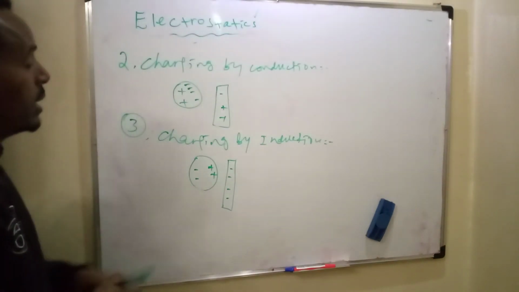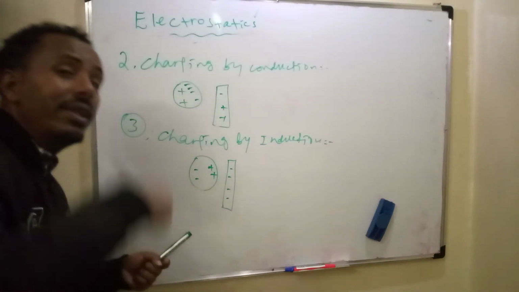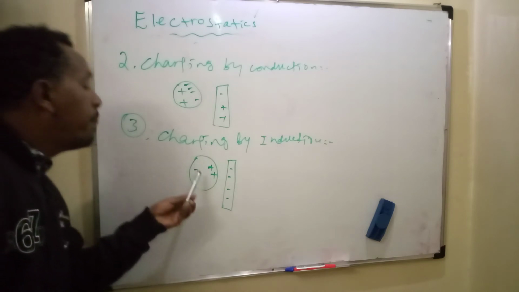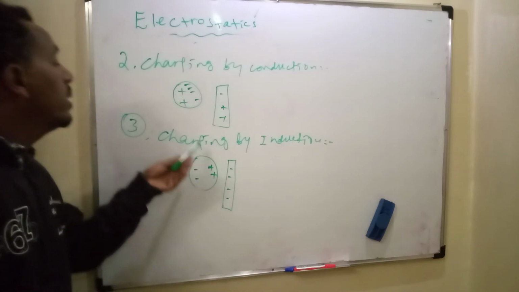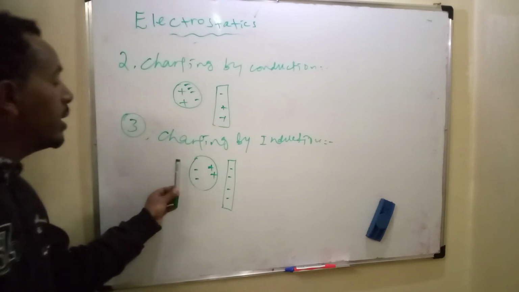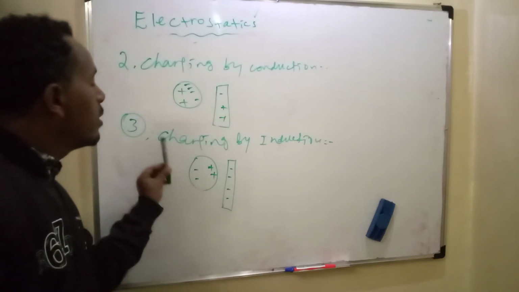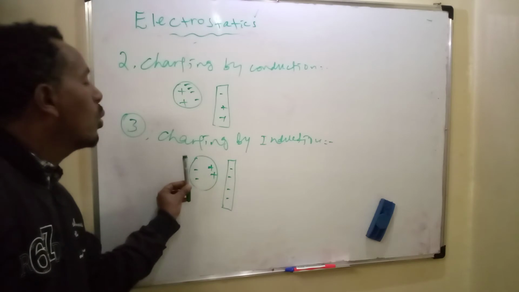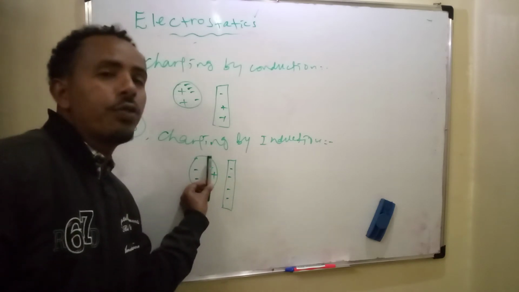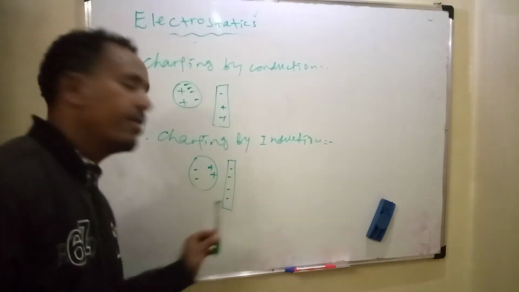At this time, since the rod is negatively charged, the protons, the positively charged particles, are attracted by the rod. Because of this, the positive particles are collected to the left.